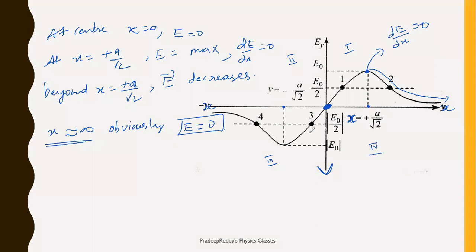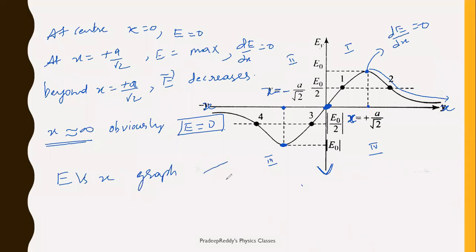You are getting the graph in the third quadrant because the field is negative when you go to the left side of the ring. So up to a value where x is equal to minus a by root 2, up to that particular point, the field goes on increasing. Beyond that, the field will decrease. And if you go to the infinite region, the field will be 0, right? So this is the E versus x graph.